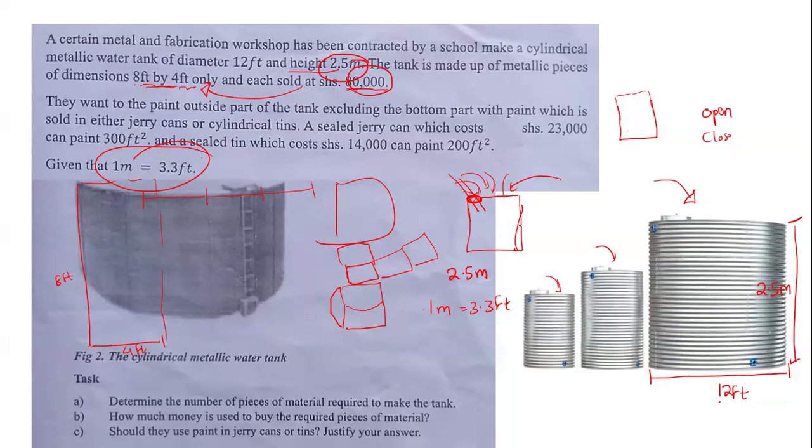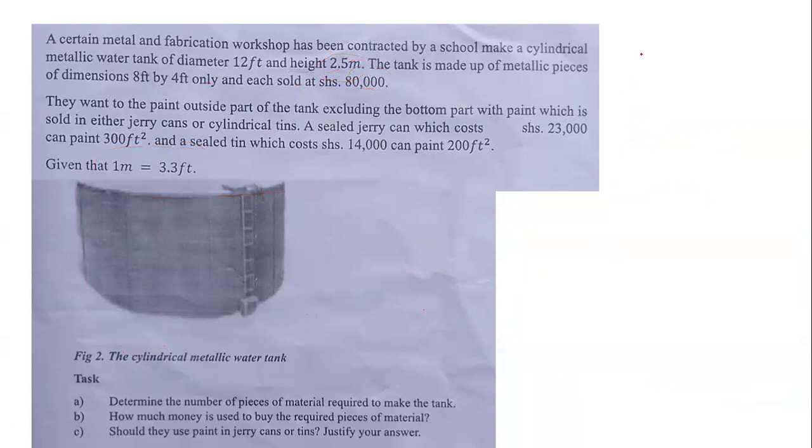Very good. So now I'm going to take you to a new page where I'm going to draw my simple tank. So this is our simple tank. Please go on and make those sketches. This is 12 feet. And please do not forget to show how you have converted: 1 meter is equal to 3.3 feet.